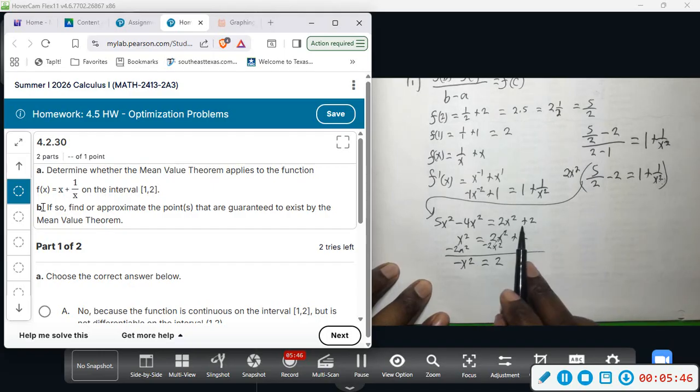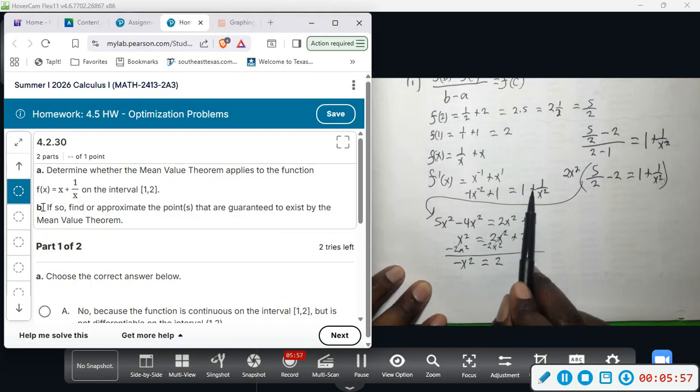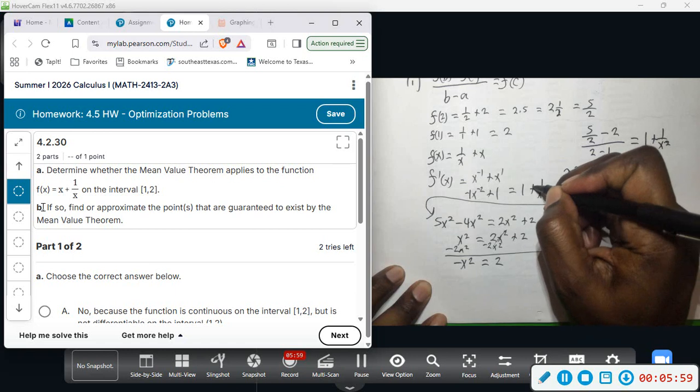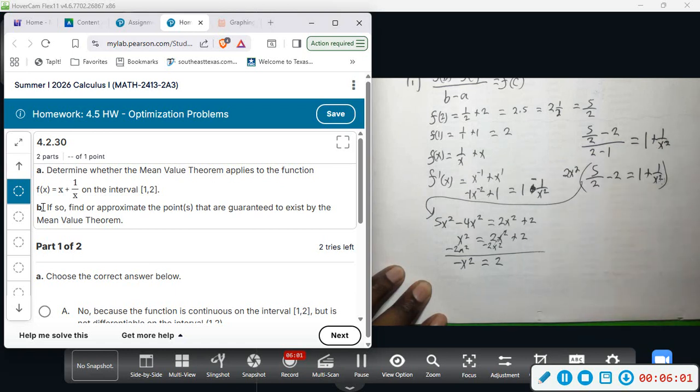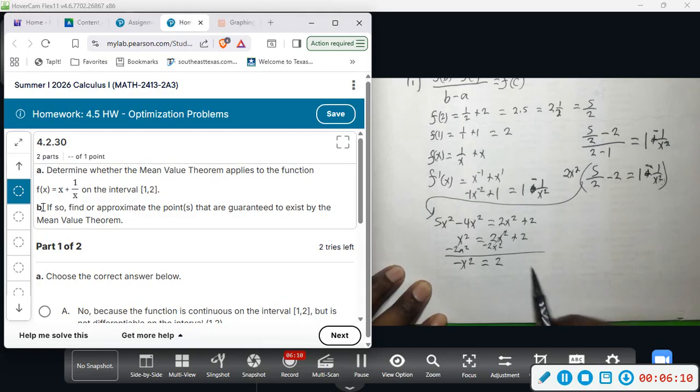Let me make sure we haven't missed something. Okay, I did. I should have had a negative in front of this term. So I'm going to go back and fix that. This should be negative over here, and this should be negative. So when I multiply, this should have been a negative 2.